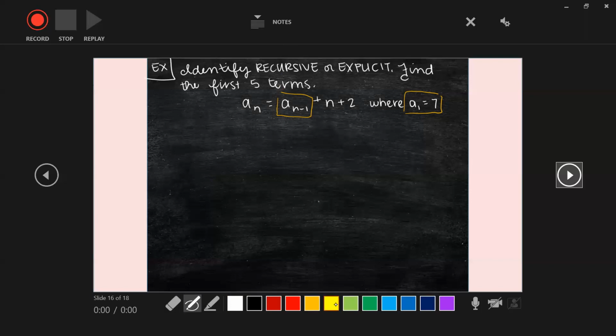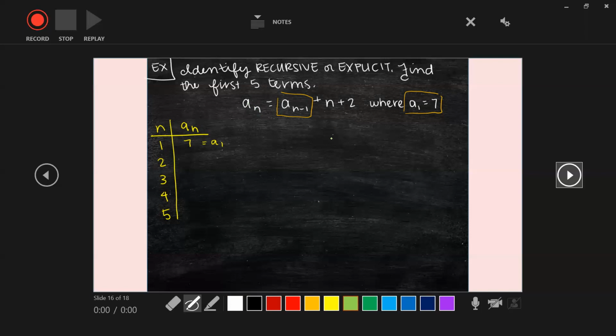So if we're finding the first 5 terms in the sequence, we are going to put our little table up. So 1, 2, 3, 4, and 5. And we already have our a sub 1 being 7. So if we look at it, a sub n is equal to a sub n minus 1 plus n plus 2.